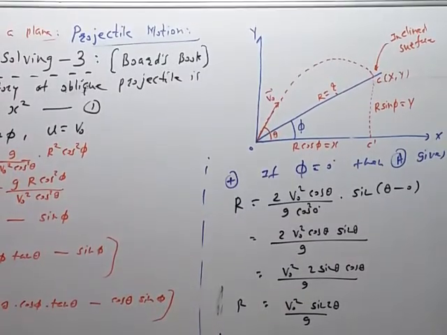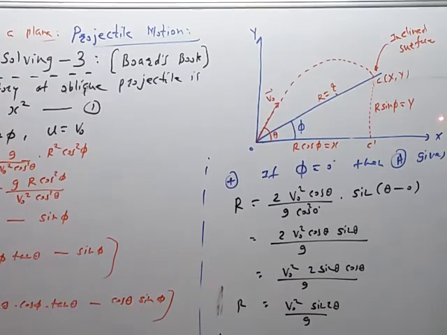Now in this problem the situation is like this. A body is projected making an angle theta with the horizontal. This is the horizontal level, x-axis is horizontal level. But what to find is the range not on the horizontal plane along the x-axis, but the range along the inclined plane, inclined surface.